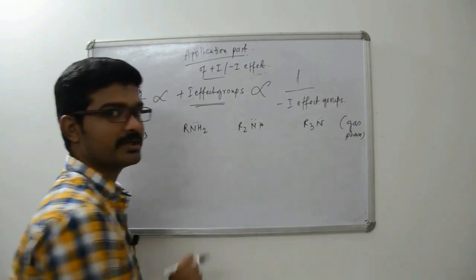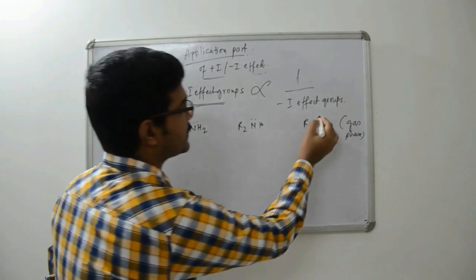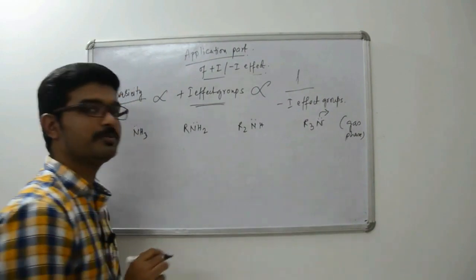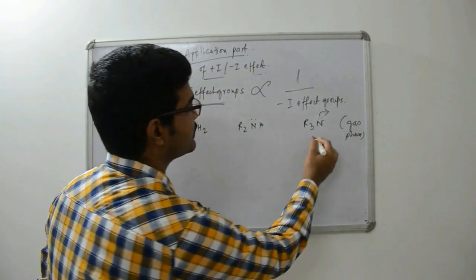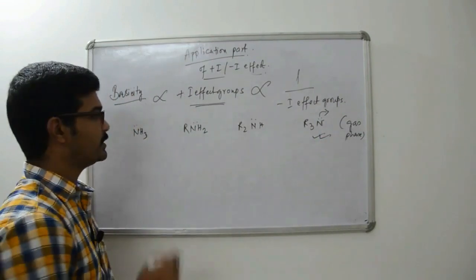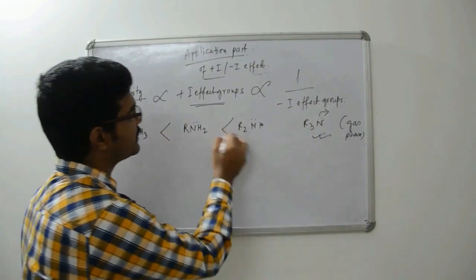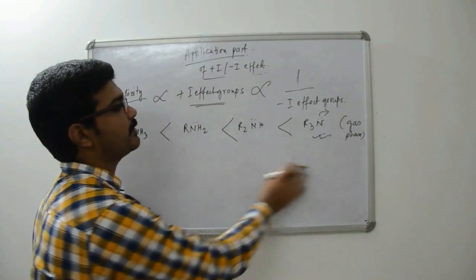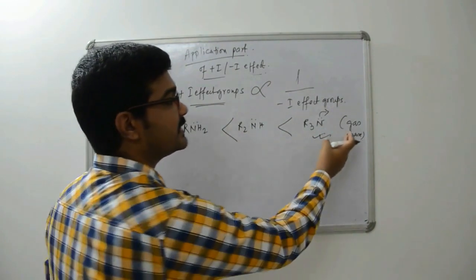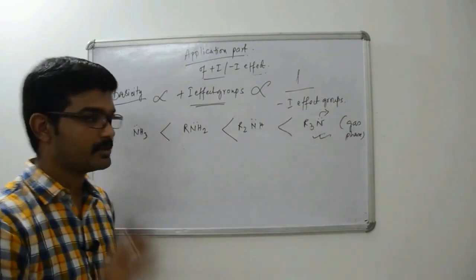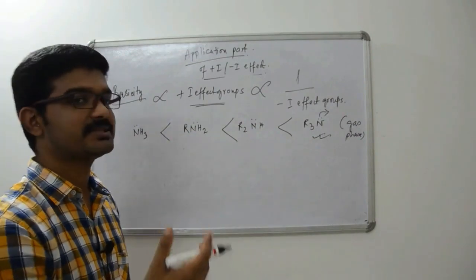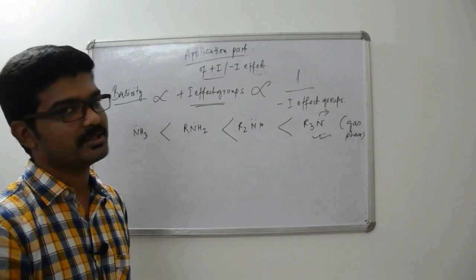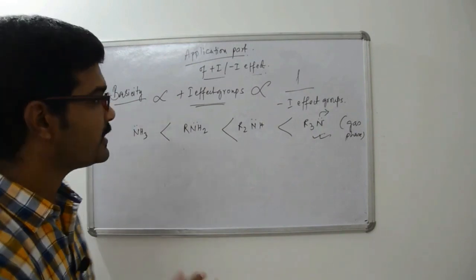So the donation of this lone pair of electrons is maximum, or you can say easiest, in case of this tertiary amine. So as we move from left to right, the basicity of these amines increases in case of gaseous phase. Remember, in case of aqueous phase, the basicity will be slightly different. We will discuss it on some other day, right?